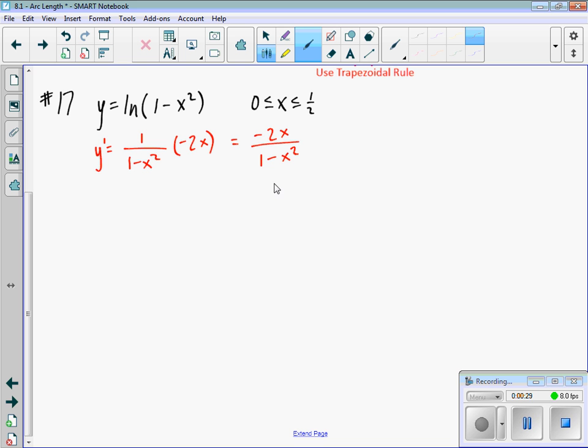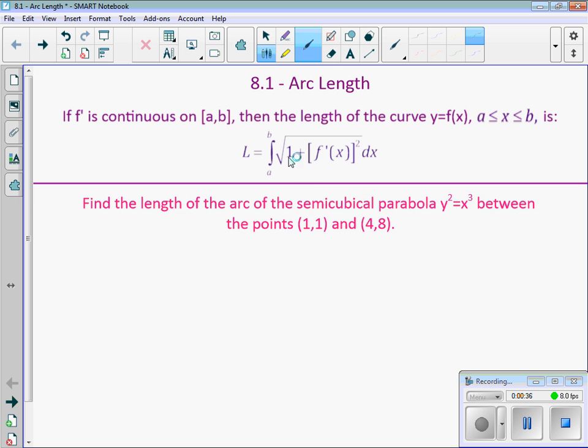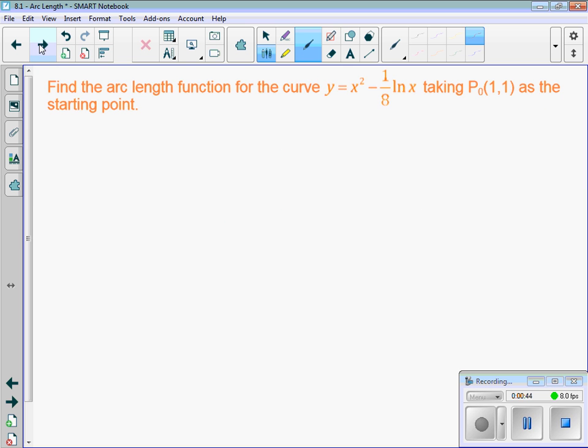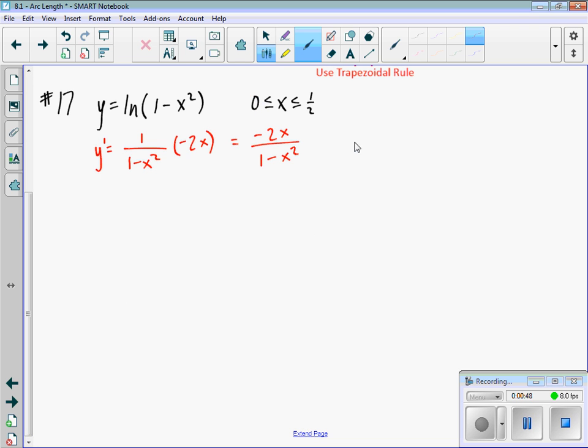So that's my derivative, and then the formula, I'll just jump back here. We have it with respect to x, so we're doing 1 plus that derivative squared, so I'm going to have to square that derivative and add 1 to it, and then throw it into that integral. So if I square that, the numerator is going to turn into what?